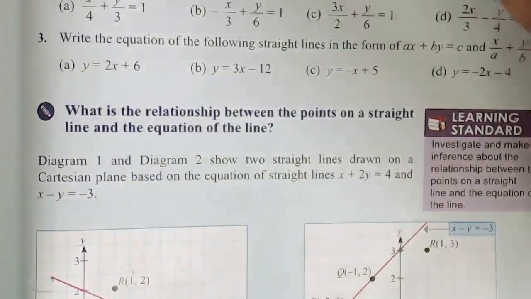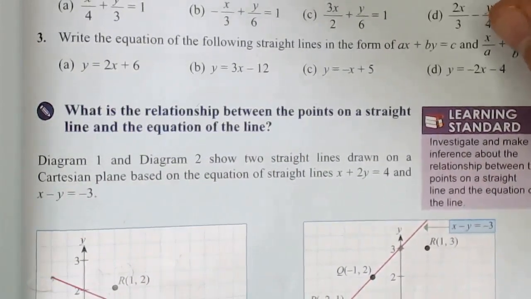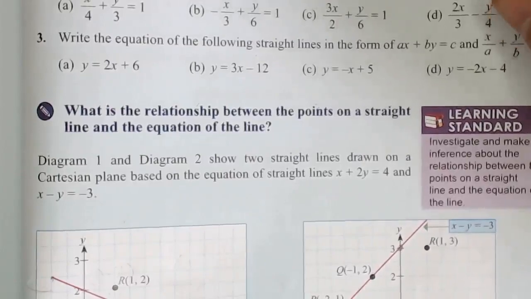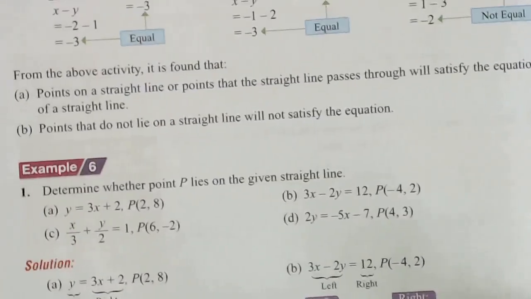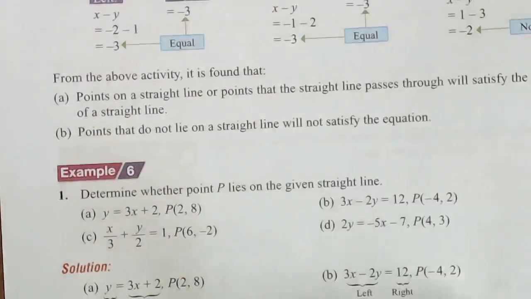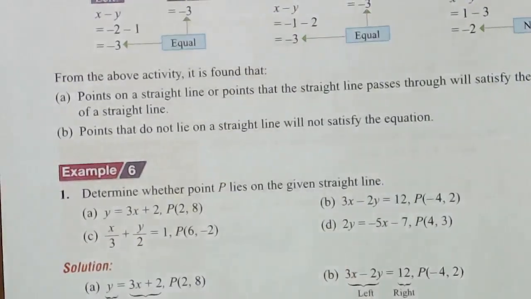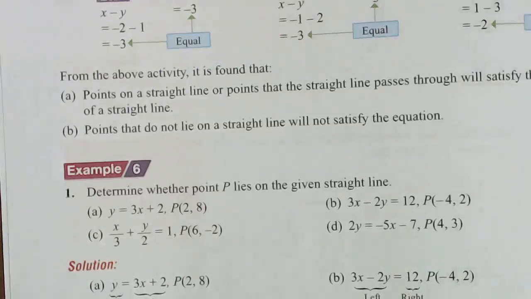We can use this skill to identify which point is on a straight line and which point is not on a straight line. Okay, follow along with it. It is all a kind of test for you to see whether you understand this skill or not.